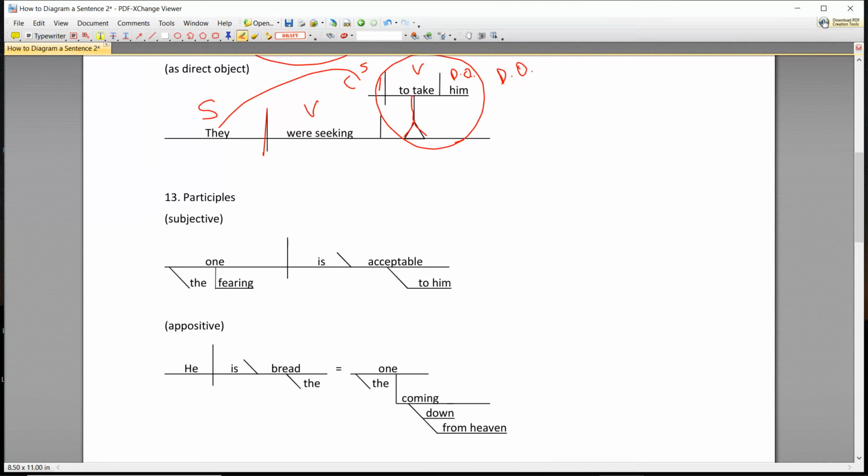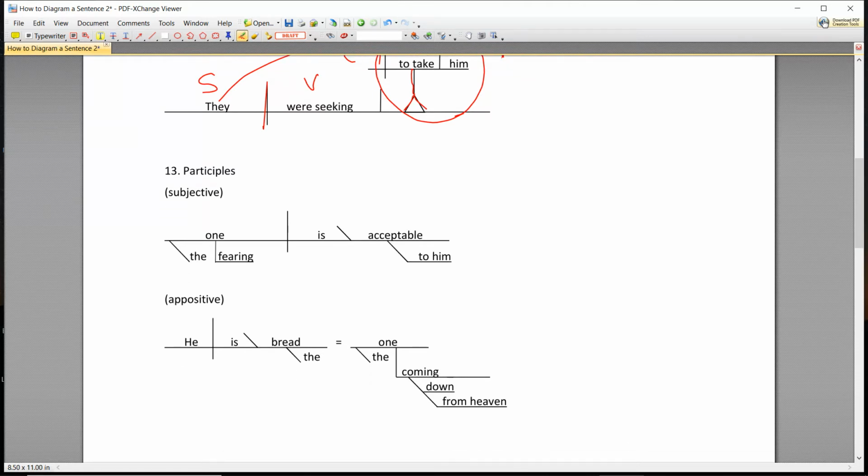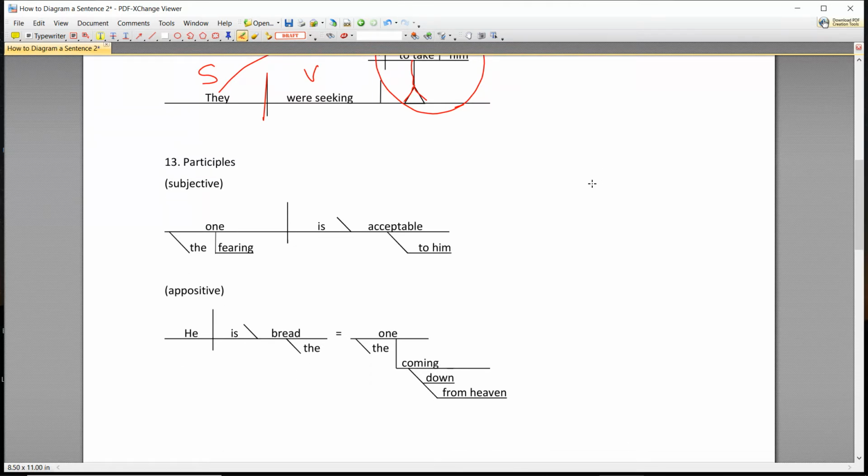Okay, and then number 13, participles. Participles are basically like the ing form, right? Participles are functioning like adjective or adverb.